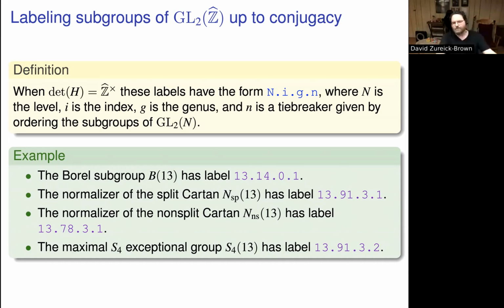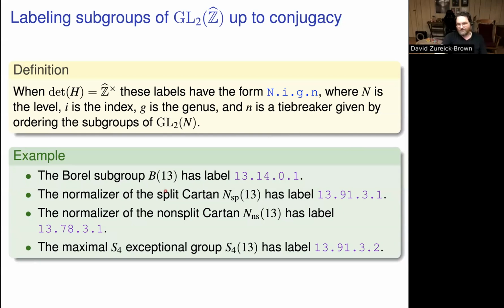So we need notation to talk about these groups. Drew and Jeremy really helped us come up with a good labeling system, which was level, index, genus, that distinguishes a lot of groups, and then a tiebreaker, which I won't say in detail what the tiebreaker is.